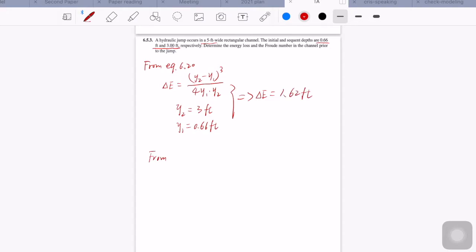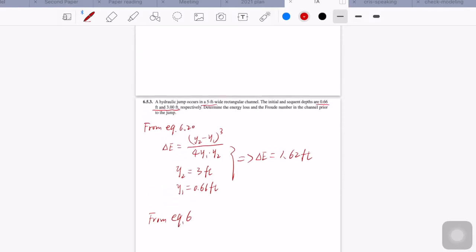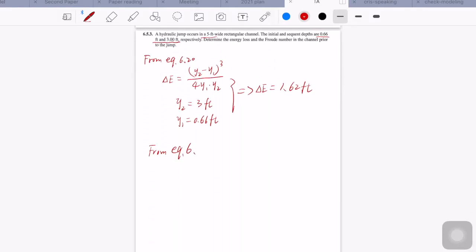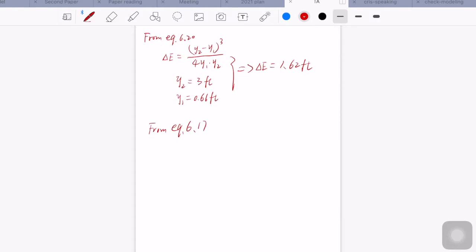And from equation 6.17, we know y2 over y1 equals 1 over 2 times the square root of 1 plus 8 times the Froude number squared, minus 1. The Froude number is in the channel prior to the hydraulic jump.